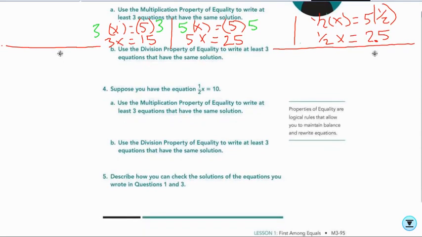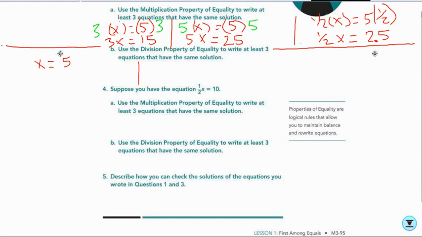B says to use the division property of equality to write at least 3 equations that have the same solution. So if I look at this, it says x equals 5. And so we want to divide on both sides, and we're going to use a fraction bar.